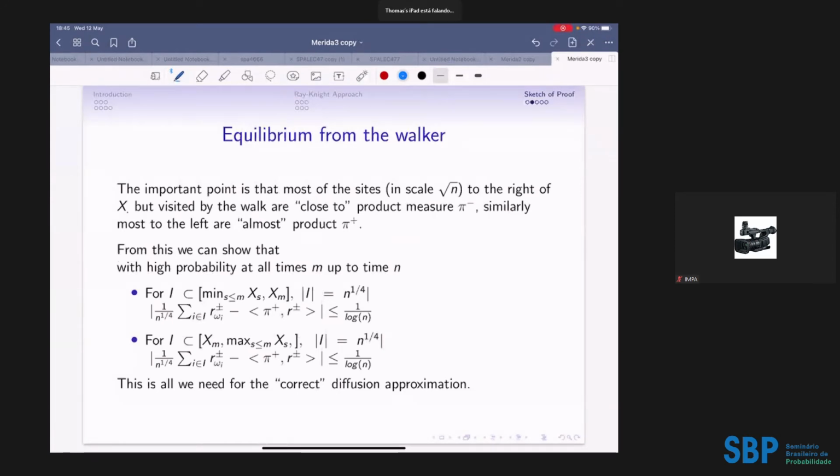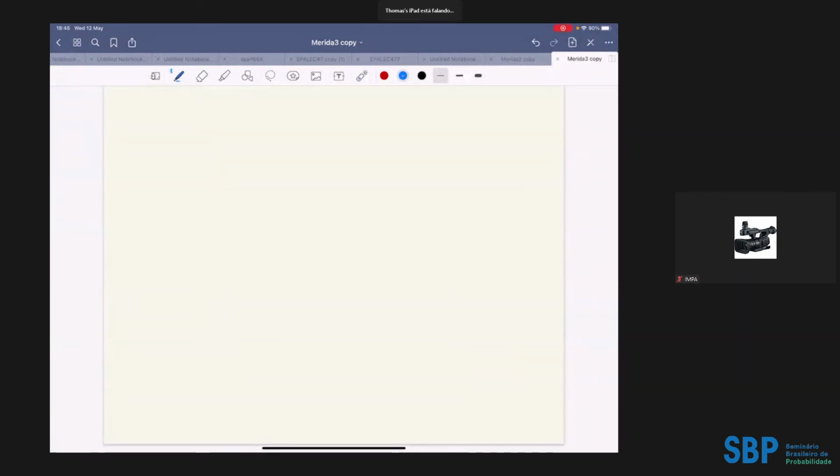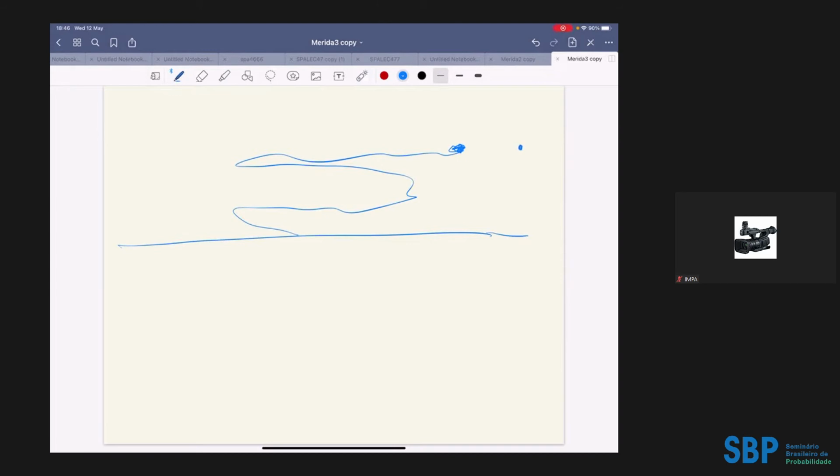So now, the next important ingredient is that for our walk, what we can prove, it's not actually that difficult to prove, but the walk is complicated. We're moving around, okay? But if we're at a position here, and you look at the Markov chain to the right of where you are, this Markov chain has moved this way and that.